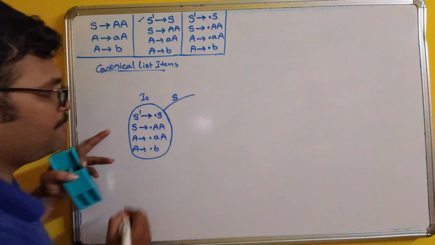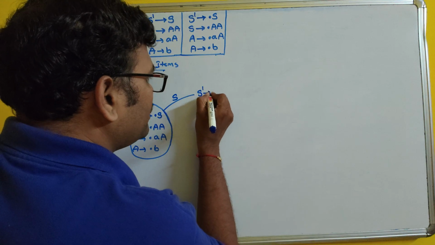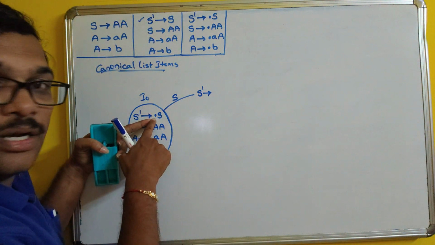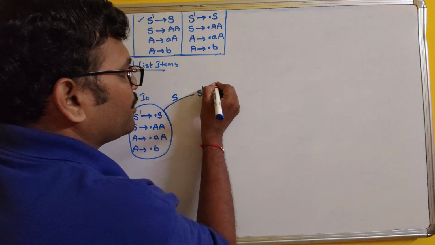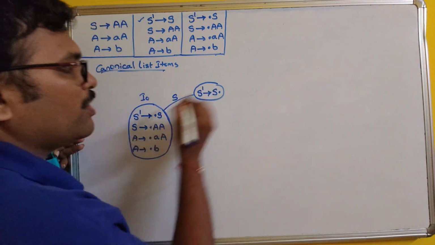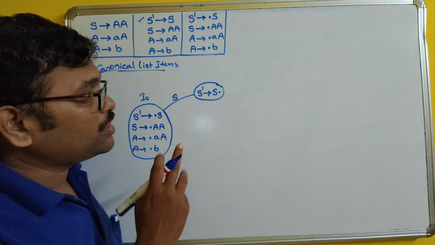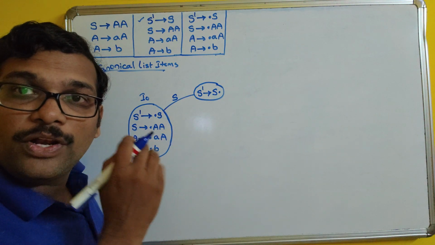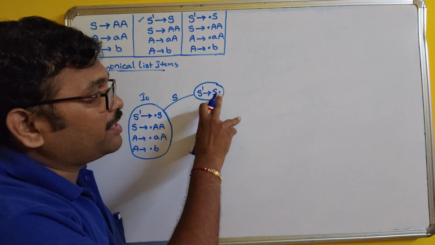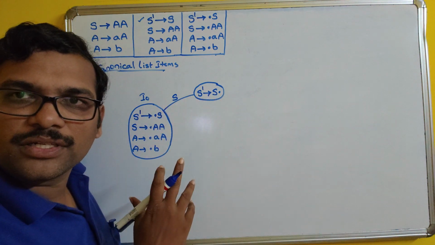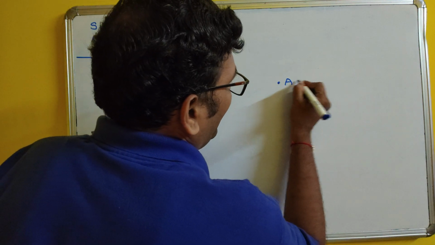So upon S dash, upon S, it will be S dash tends to S dot, moving the dot symbol one position. Now you can observe for this production, the dot will not move further. That means it came to the end of the production. For example, consider it as AA.